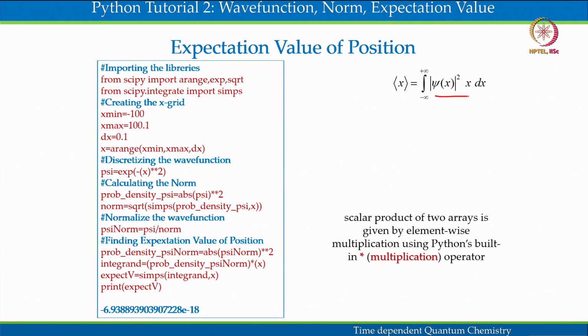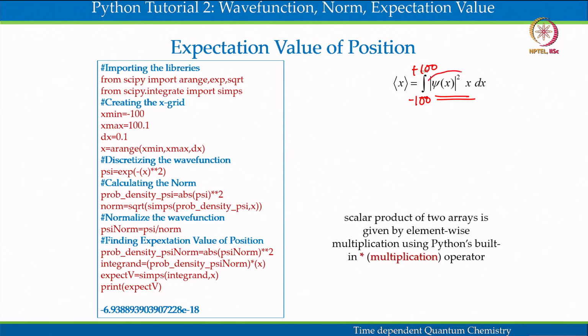This is the integration, and again, practically we cannot do this minus infinity to plus infinity integration. This is going to be done with the help of the Simpson rule, and for that it will just pick up the x grid limits as the integration limits. So this is going to be our integration.